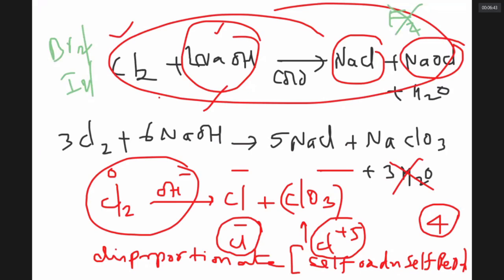In the reaction of chlorine with NaOH, one Cl is -1, one Cl is +1. One Cl is gaining electrons, one Cl is losing electrons, self-oxidation, self-reduction known as disproportionation. Fluorine never undergoes disproportionation because fluorine never likes plus charge. So except fluorine, chlorine, bromine, iodine give the same reaction. This is with cold NaOH, this is with hot NaOH.